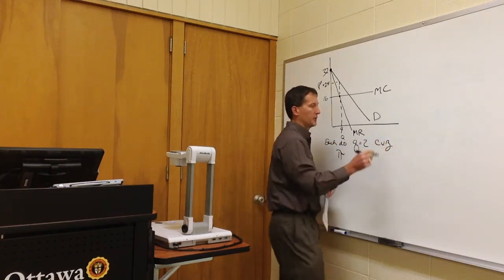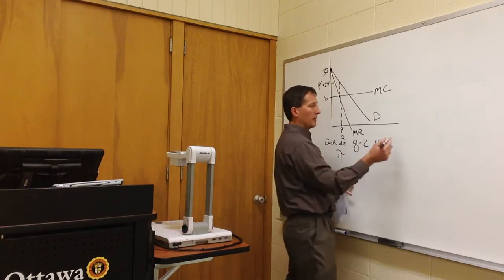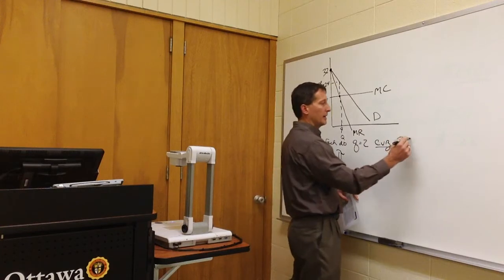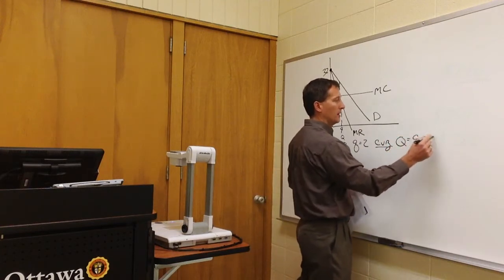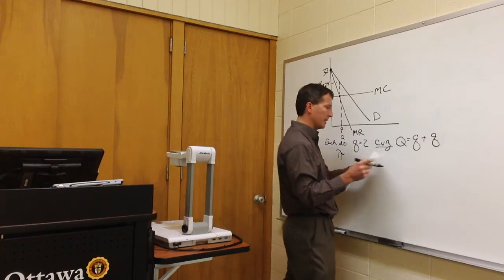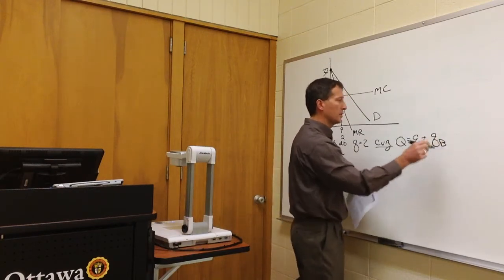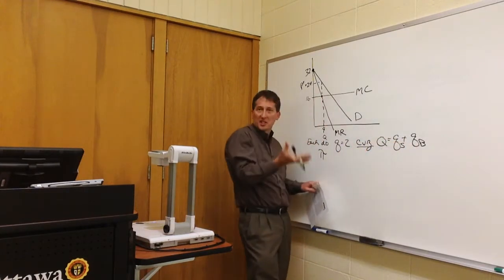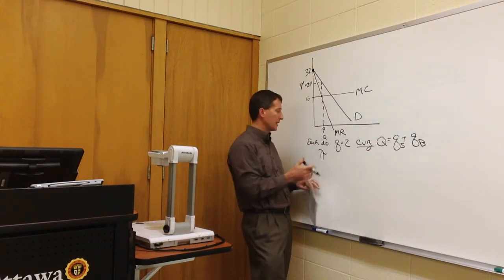Remember that big Q, the market quantity acting like a monopoly, is the sum of the 2 little guys here, what were their names? Biobase and Squeaky Clean. So QS plus QB equals 2 plus 2 equals 4. So we're just going to split the market evenly, divvy it up between us, right?